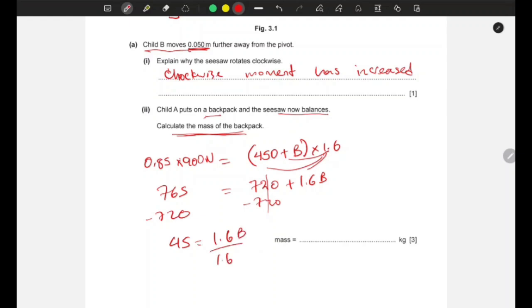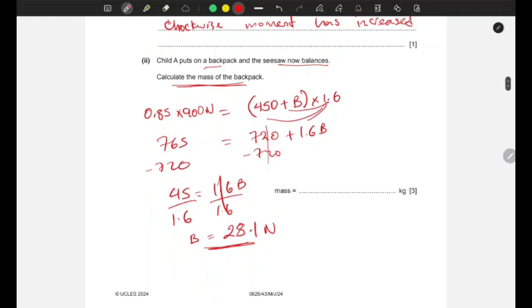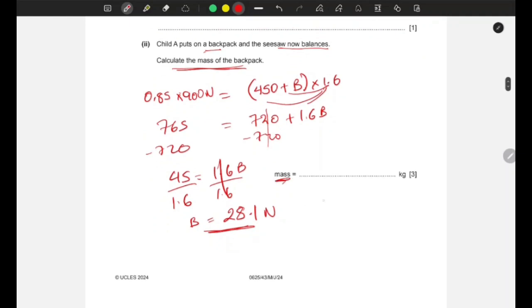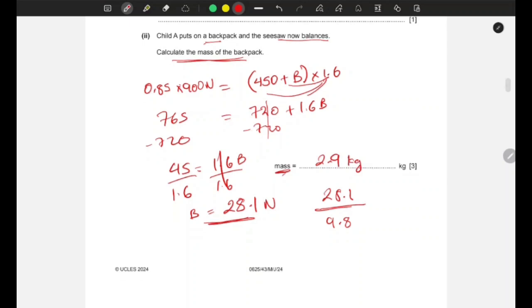Dividing both sides by 1.6 gives us the weight of the backpack, which is 28.1 newtons. But as you can see, they asked for the mass. So to find the mass, we divide 28.1 by the acceleration, which is 9.8. That gives us 2.9 kilograms, rounded to two significant figures.